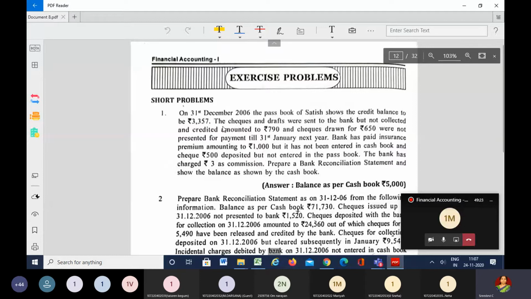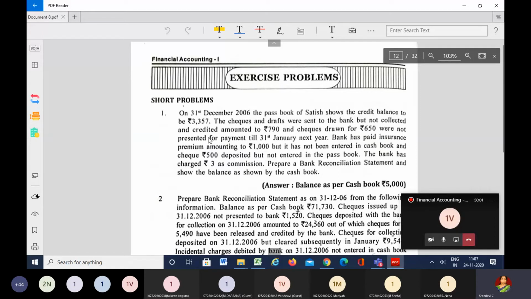So let's start with the first one. Checks and drafts were sent to the bank but not collected and credited. Checks and drafts in the sense what, have you heard about the demand draft, DD? Yes, ma'am. Whenever we have taken a demand draft from the bank, the draft has to be deposited again in your account so that the bank will collect the money on behalf of the drafts, right?